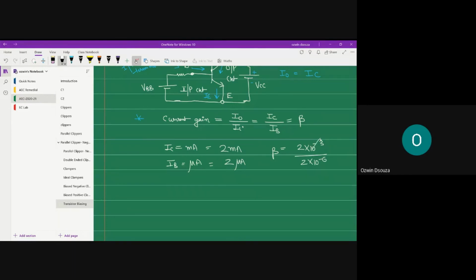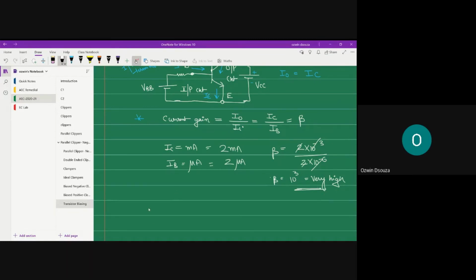So beta is equal to 10 to the power 3. So beta is very high.